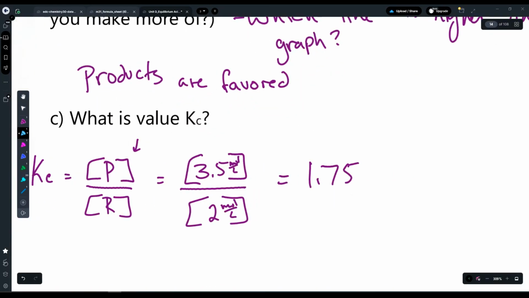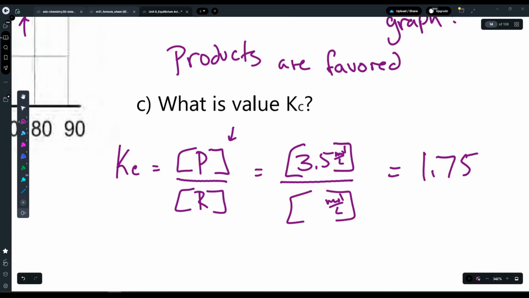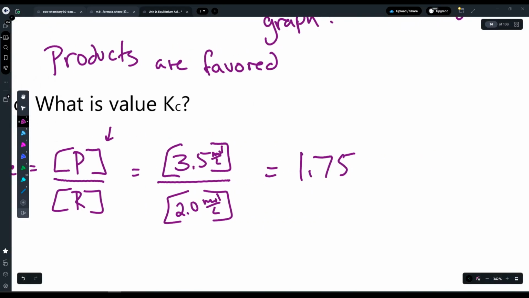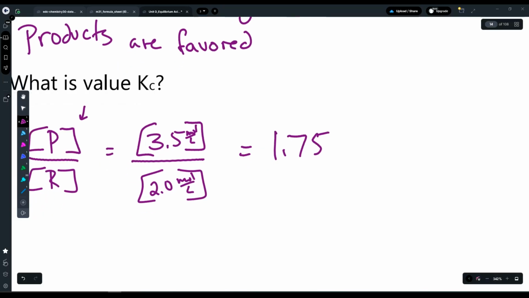What I'm going to do here, this isn't perfect, because we're using a graph, the values aren't really perfect, but for the sake of sigdigs, I'm going to put this as 2.0 instead of just 2, so that I can use 2 sigdigs instead of just 1. Again, this isn't a perfect way to decide significant digits.